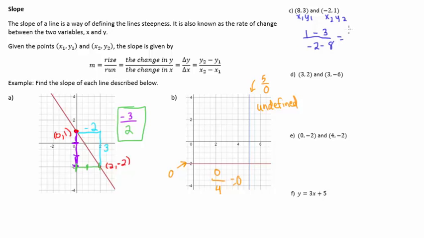The top, 1 minus 3, is negative 2. The bottom, negative 2 minus 8, is negative 10. I simplify that. A negative on top and a negative on bottom cancel each other out. And then 2 over 10 can be simplified to 1 over 5 because we can divide the top and the bottom by 2.